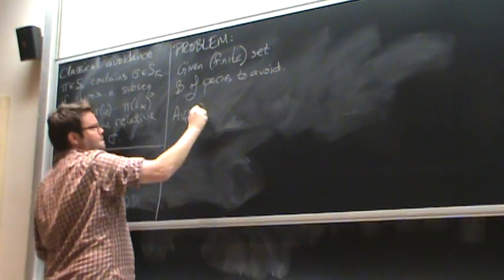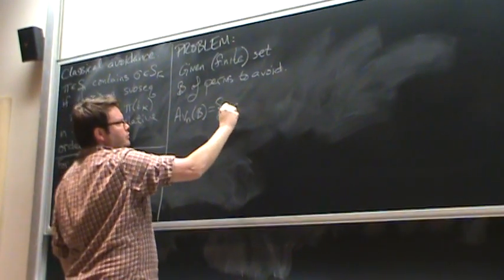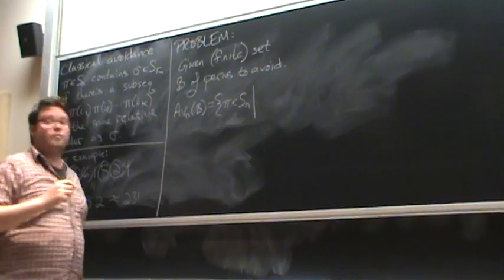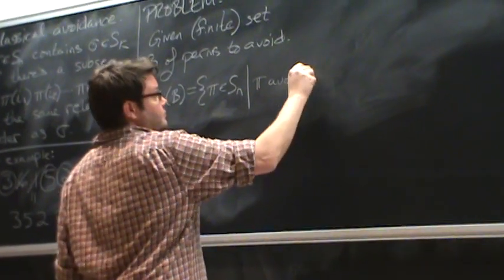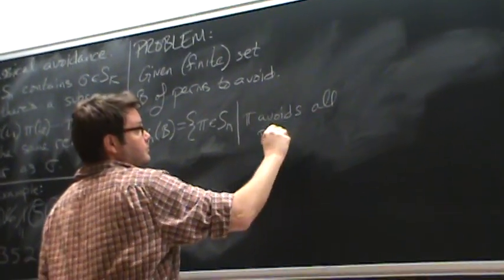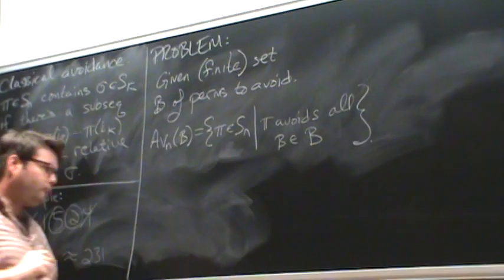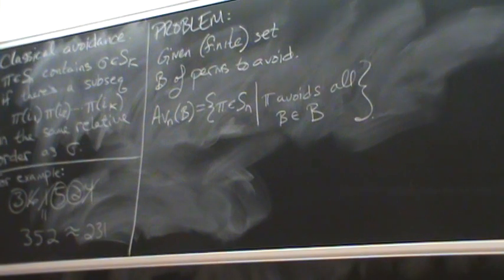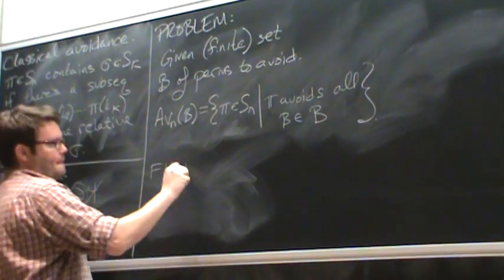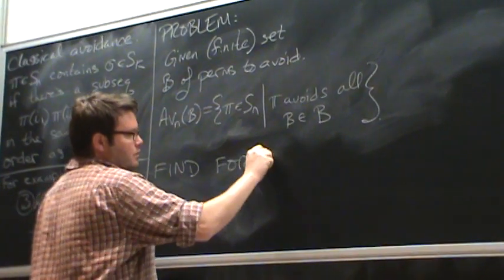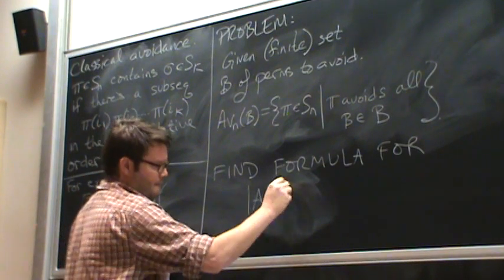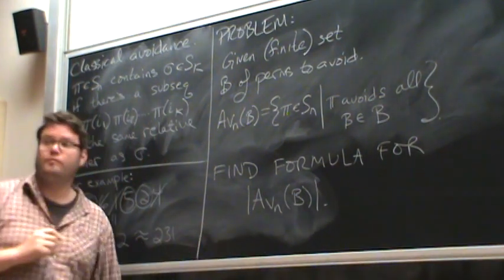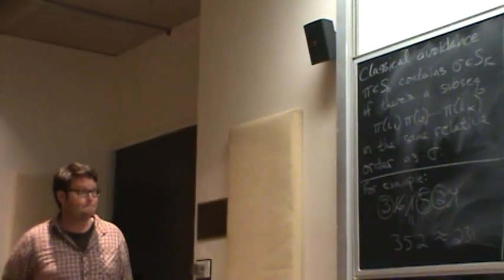Av_n(B) is the set of permutations of length n that avoid every permutation in B. And we want to find a formula for the number of permutations of length n that avoid everything.